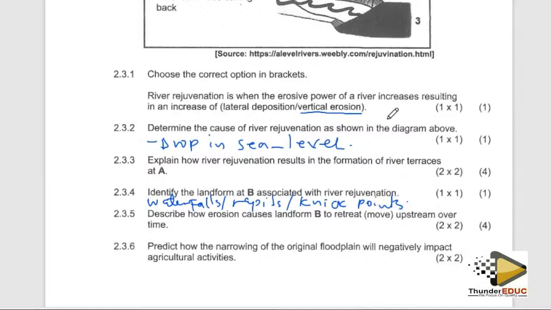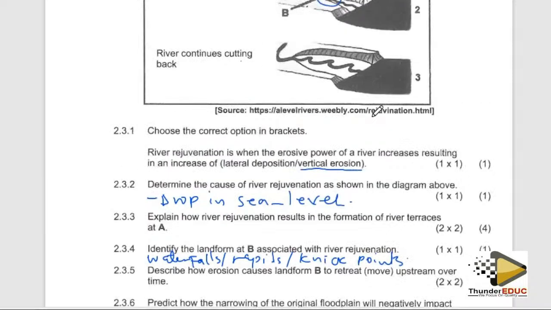Any of those ones, because we know the river is cutting vertically downwards through the landscape, resulting in the formation of waterfalls, rapids, or knick points.